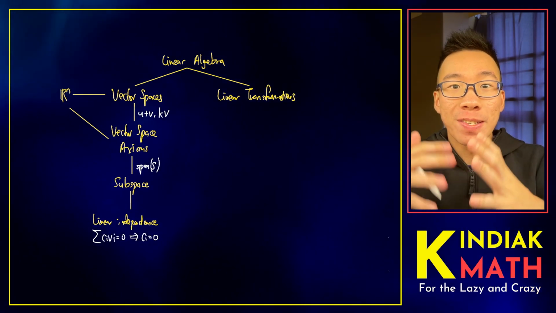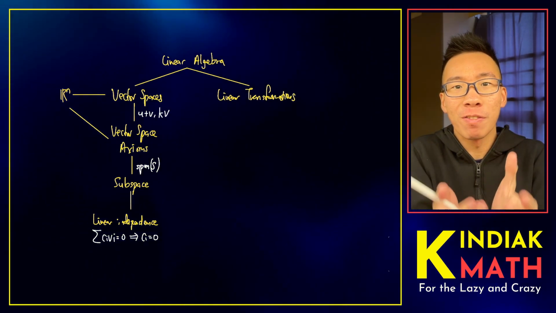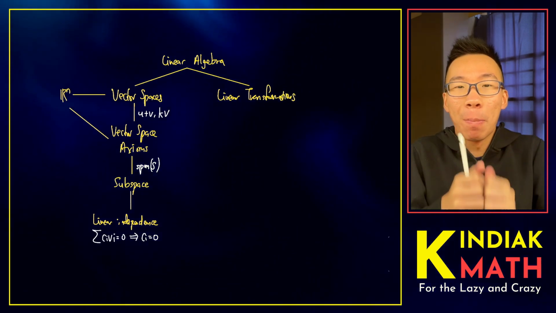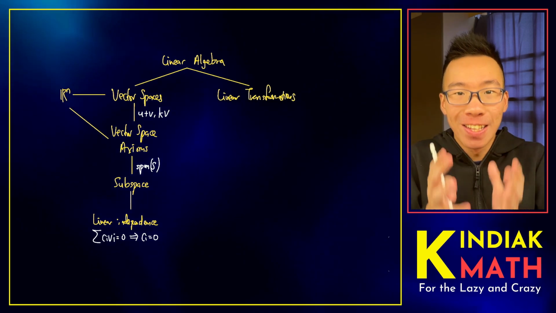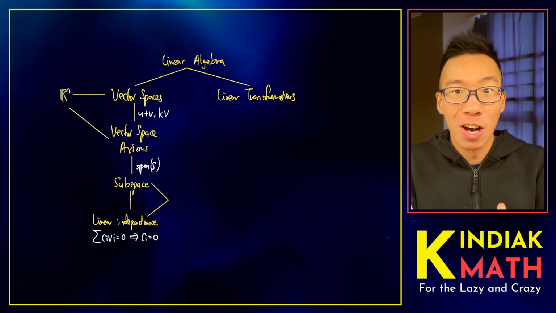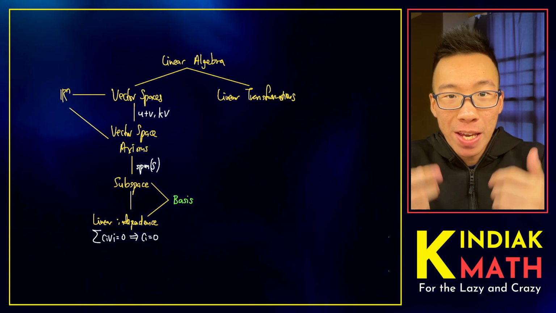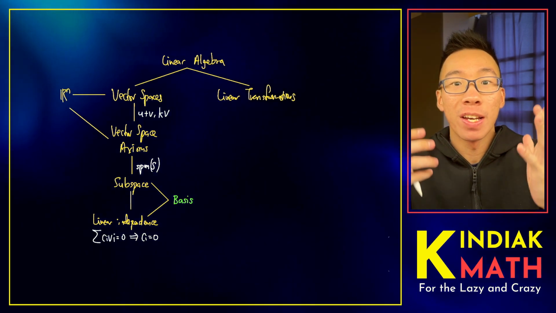If we do have the span of a set, and this set is really containing all of the essential information about that particular subspace, in other words, this set is linearly independent, we call this set a basis of the subspace. And in a weird way, the basis really fundamentally describes a subspace.